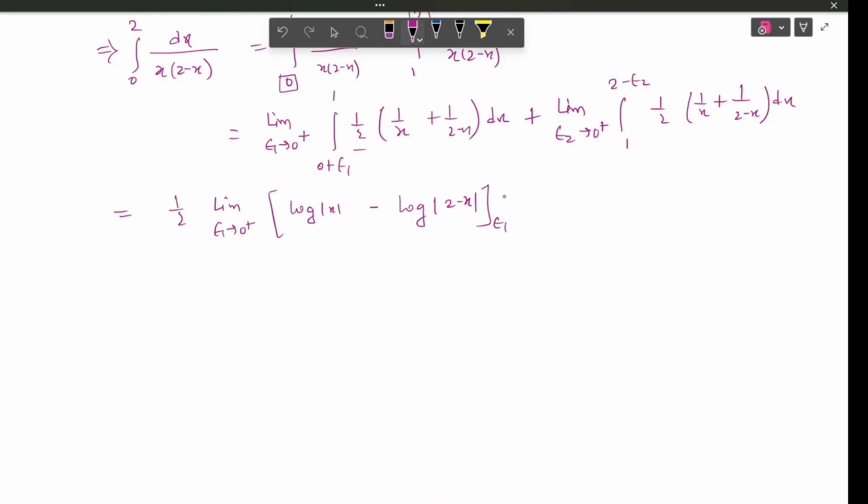Limit is from epsilon 1 to 1. Here also we can say the same thing. This is half limit epsilon 2 tends to 0 plus log of x minus log of 2 minus x.